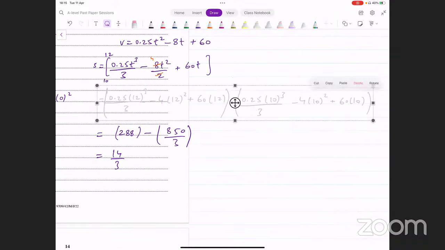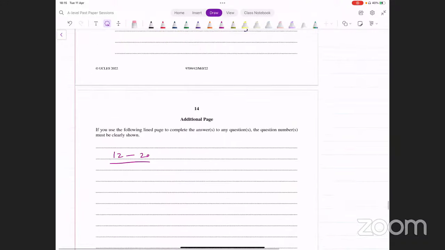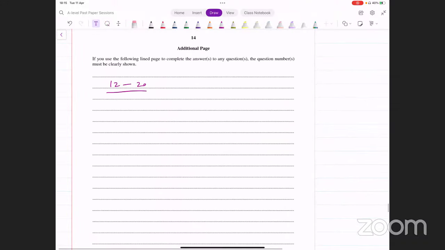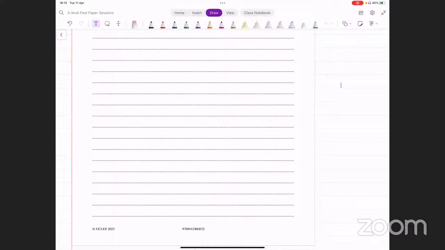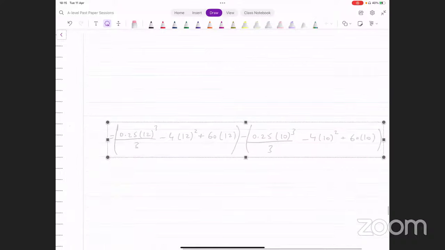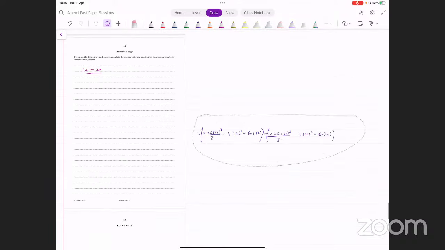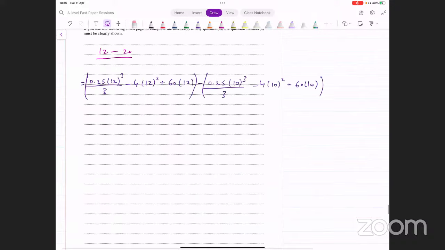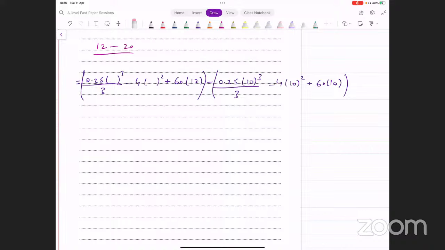ये पूरा का पूरा आपने उठा के दोबारा लिखना है यहाँ पे. और लिमिट्स में इंस्टेड ऑफ यूजिंग 10 to 12 आपने इनपुट कर देना है 12 to 20. ओके, लेट्स डू दैट. 12 की जगह पे 20 डाल देते हैं और 10 की जगह पे 12 डाल देते हैं.